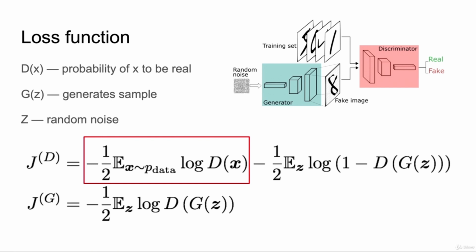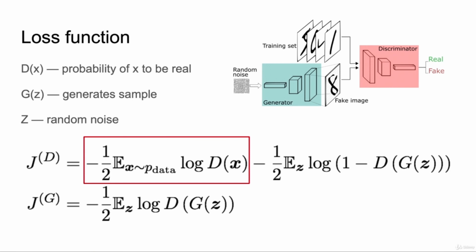Let's look at the loss function of the generative adversarial networks. Let's assume that D of x is the probability of x to be real, G of z is the generated sample, and z is some random noise. Now we consider the loss function for the discriminator.